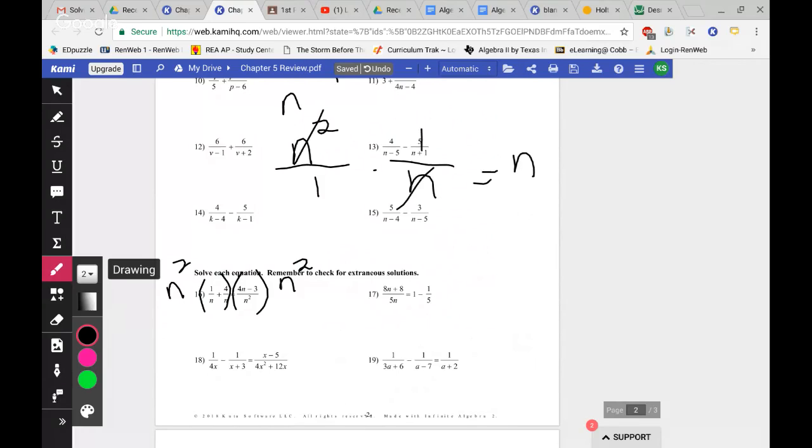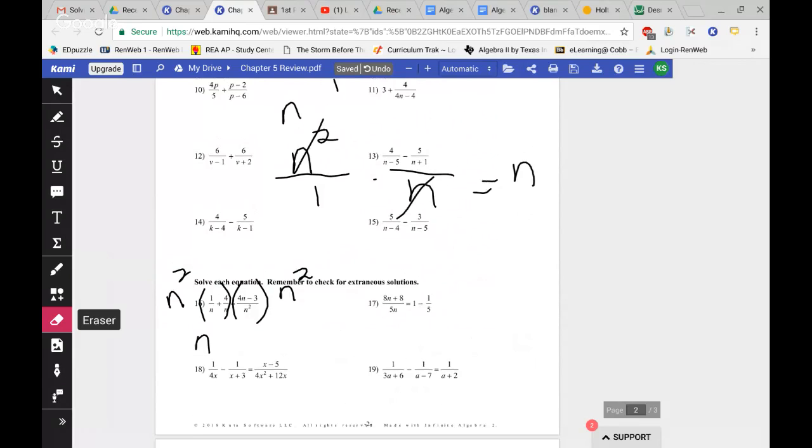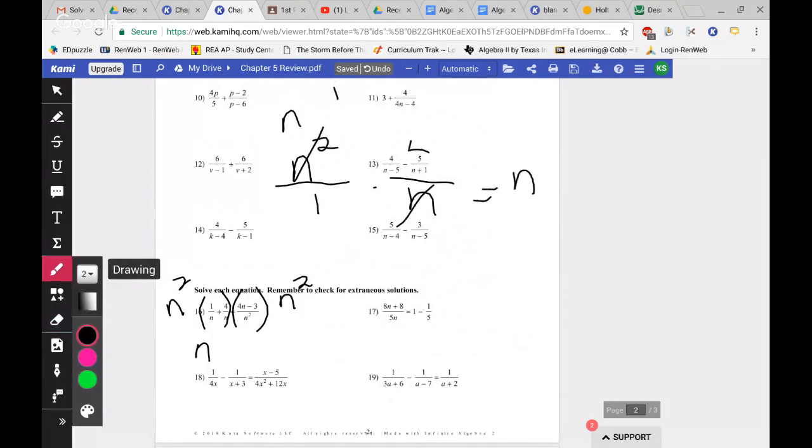So you got n. And then once again, the same exact thing is going to happen with this 4 plus n. Except in this case, you're going to have a 4 there because that's 4 over n. Right? So you're going to end with 4n. And now you've got this n squared going into n squared. That leaves you a 1.